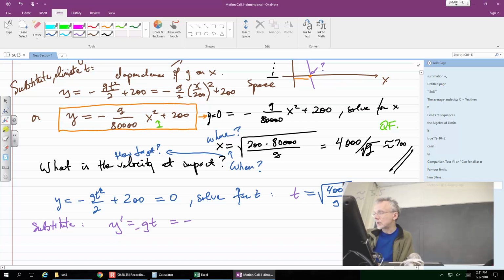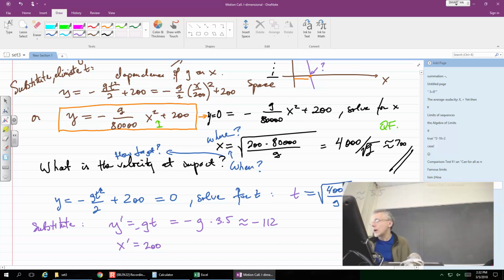So it will be negative g times 3.5, which is approximately about 112, I think. Negative 112, so it's going down, so it's negative. And x prime is simply constant. It is 200 per second, so it remains 200.